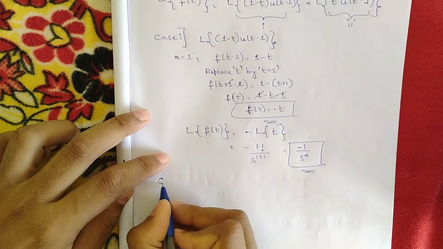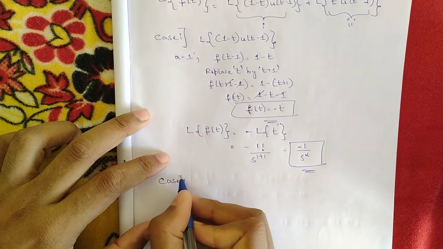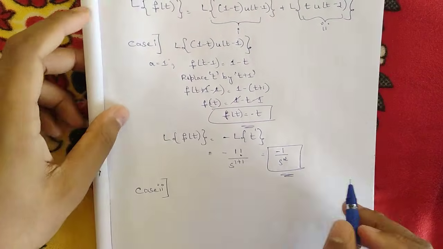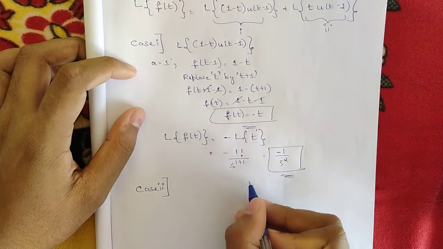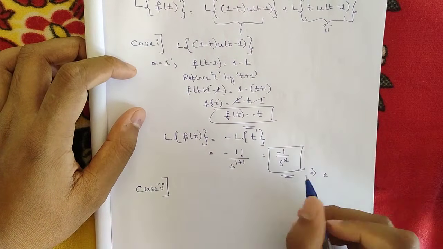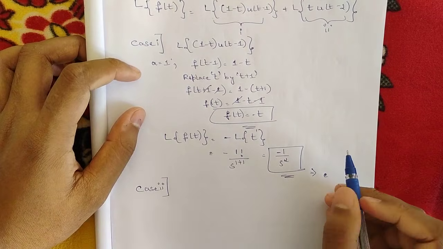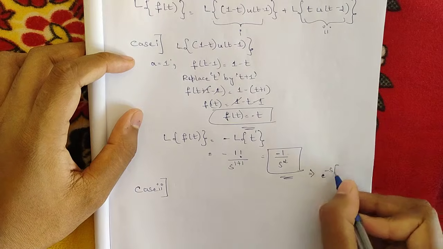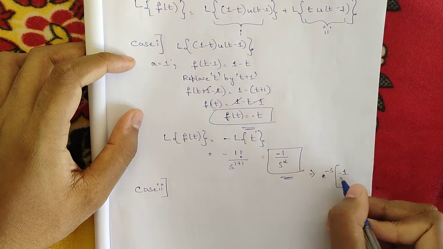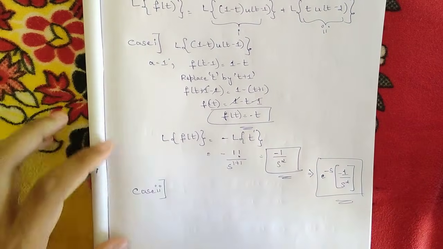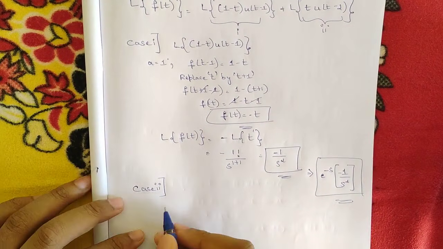So similarly solve for case 2. But case 1 is not done yet. The final answer is, we should be multiplying it with e to the power minus as, right? So in place of a, what we are having here, 1. So e to the power minus s into minus 1 by s square is the final answer.